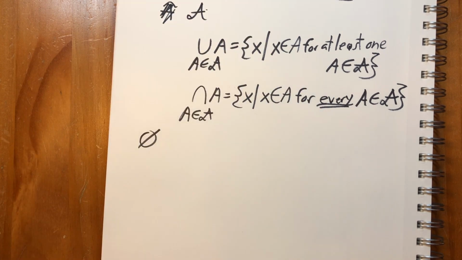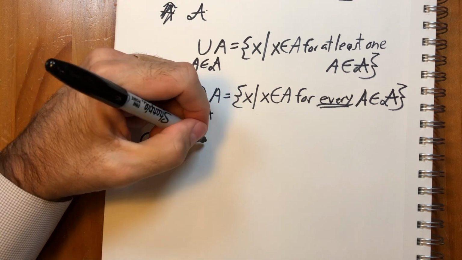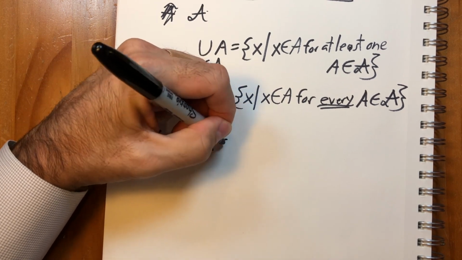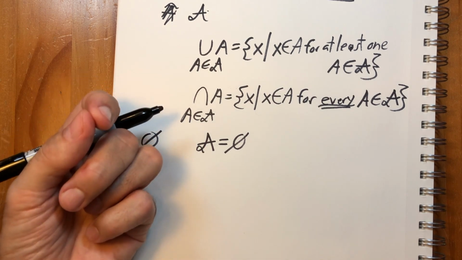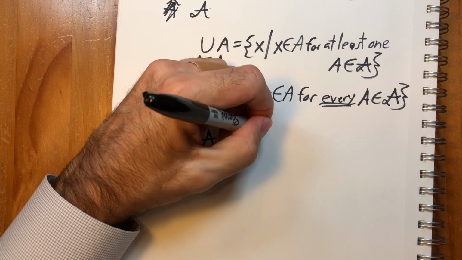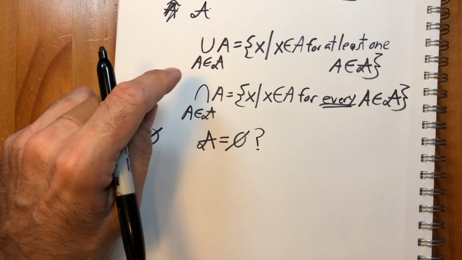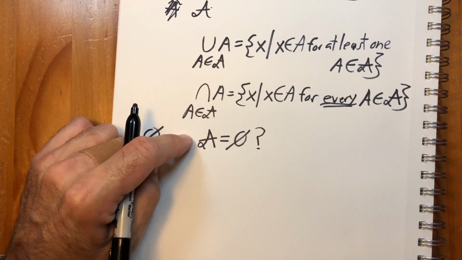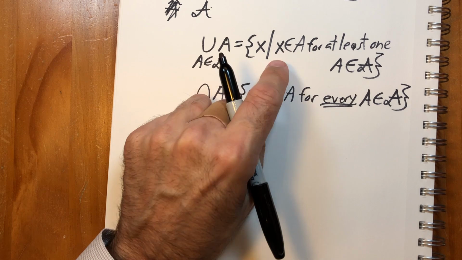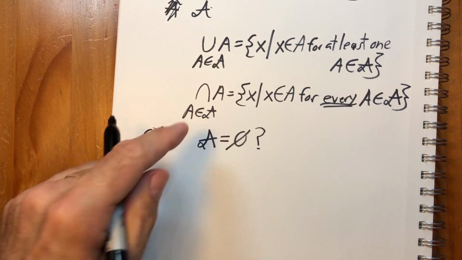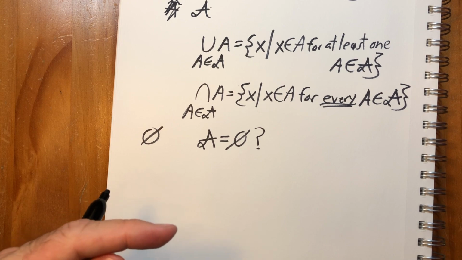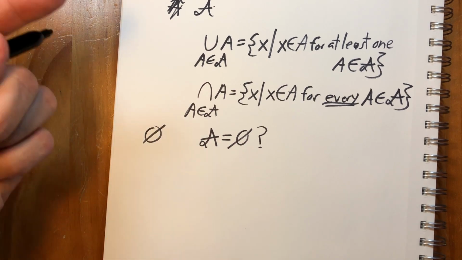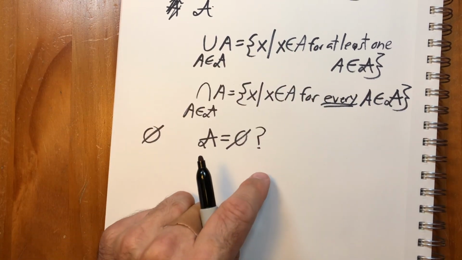That part is easy. But what does it mean, if anything, if we allow A itself to be the empty set? In other words, it's a collection of sets with no members. What does that mean? So if we apply the definitions literally, we see that no element x is going to satisfy this criterion, because there are no sets inside the collection for x to be a member of.